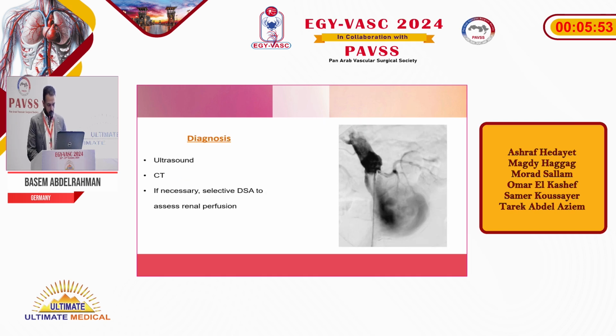The diagnosis is typically made accidentally with ultrasound, and confirmed with computed tomography. If necessary, for assurance of the renal perfusion and for the accessory renal vessels, we can do a selective DSA.